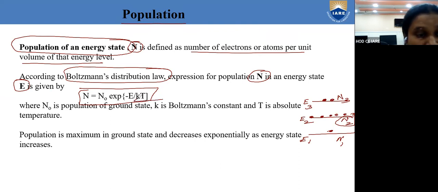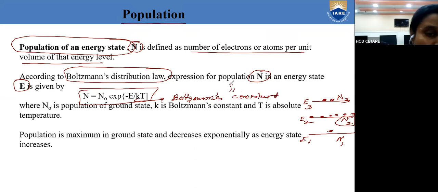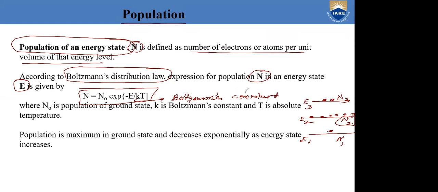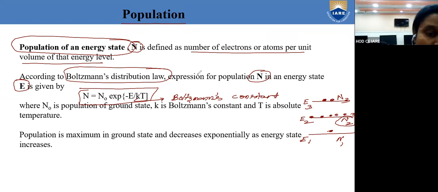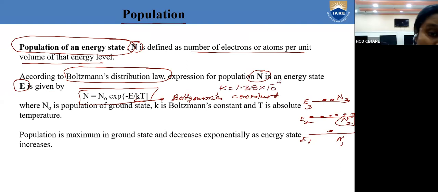What is K here? K is the Boltzmann constant. What is the value of Boltzmann's constant? K is equal to 1.38 into 10 to the power of minus 23 joule per Kelvin.